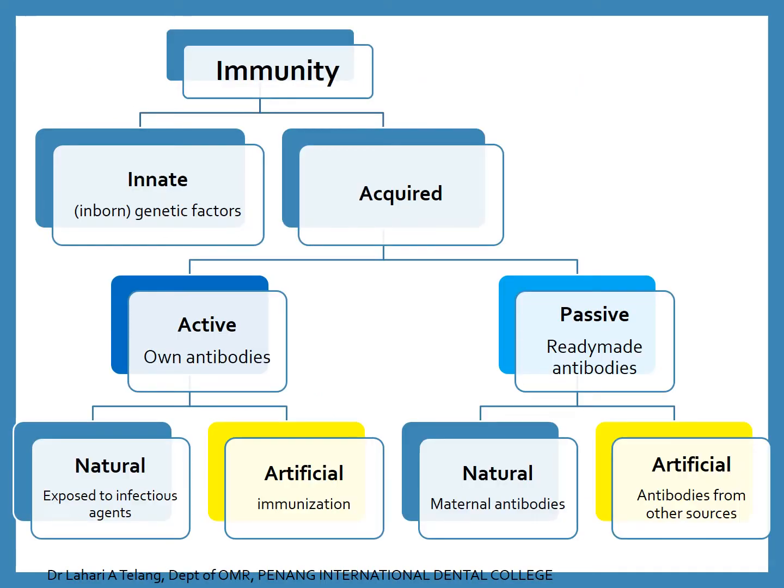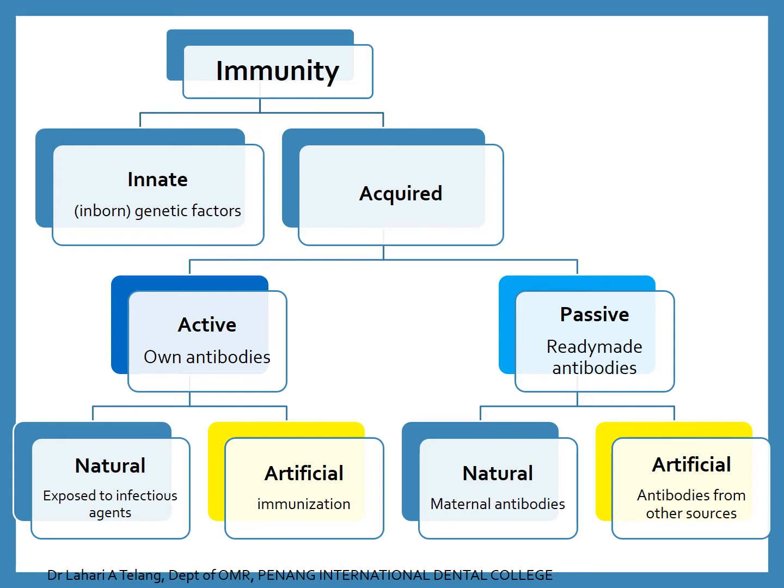So this is how we would classify or look at the hierarchical relationship of immunity. Innate immunity is generally inborn, and the patient acquires it because of genetic factors. Whereas acquired immunity, on the other hand, is divided into active or passive immunity.